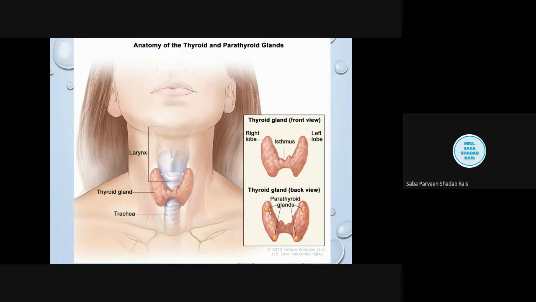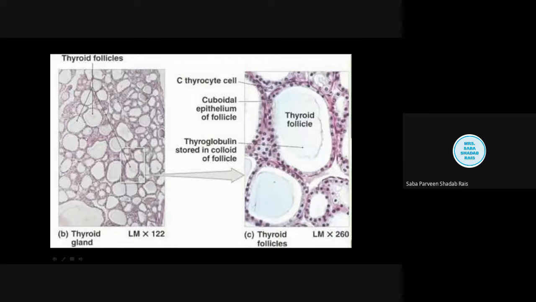When we talk about septa, whenever this capsule makes a trabecular-like structure, it forms septa, which are connective tissue that divides the gland into numerous spheres. You can see here, many spheres are there.